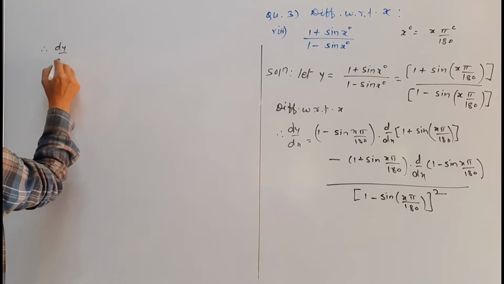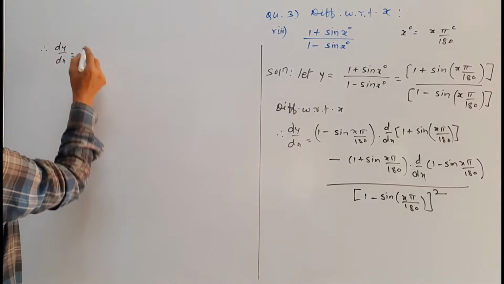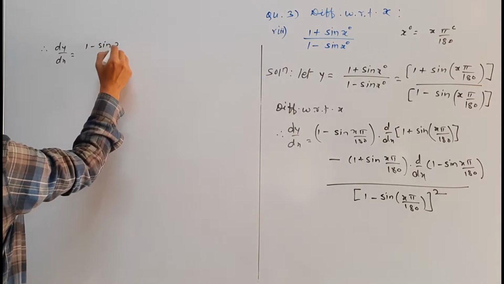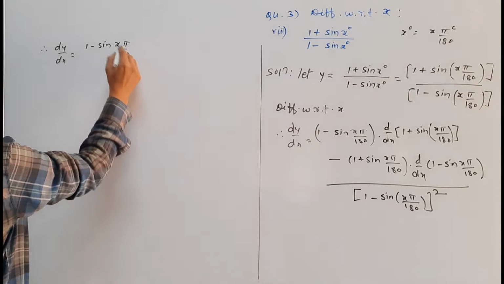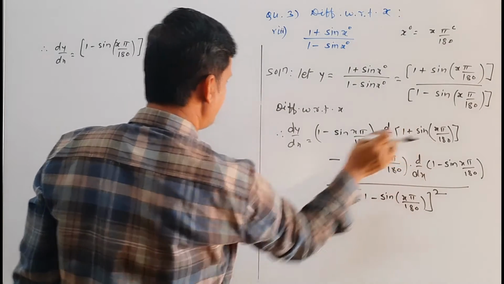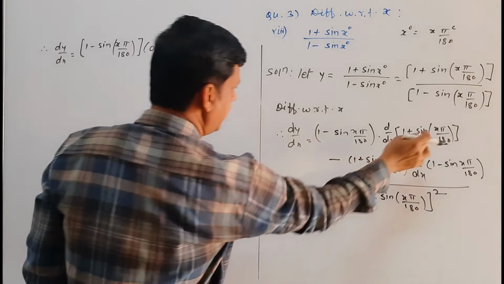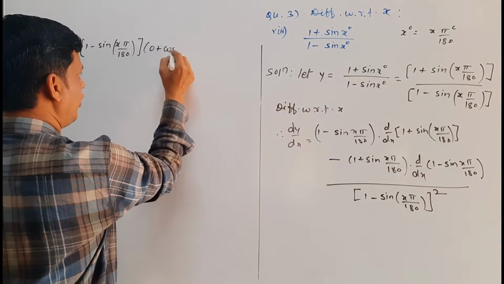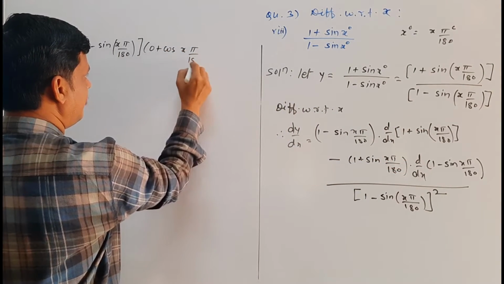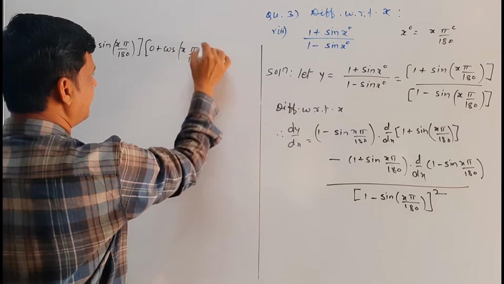Therefore dy by dx is equal to this 1 minus sine x pi by 180 as it is. Then derivative of 1 is 0 plus derivative of sine is cos, so we write cos of x pi upon 180. We have to write here square bracket.